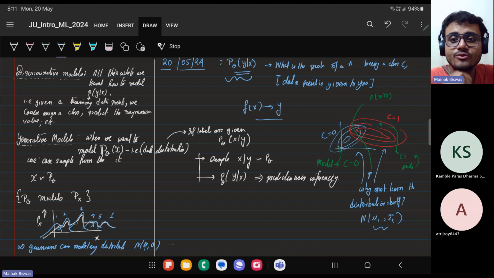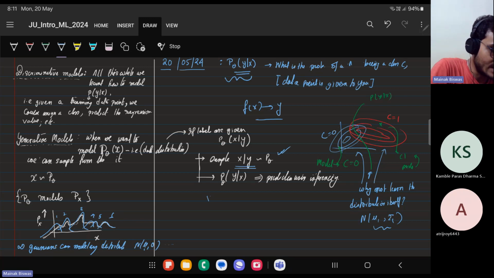So what is the use of learning these distributions? Can you tell me? There are two uses. One is, once you know the distribution, say for class y equal to 1 you know the probability distribution of x, then you can sample from the distribution, right?